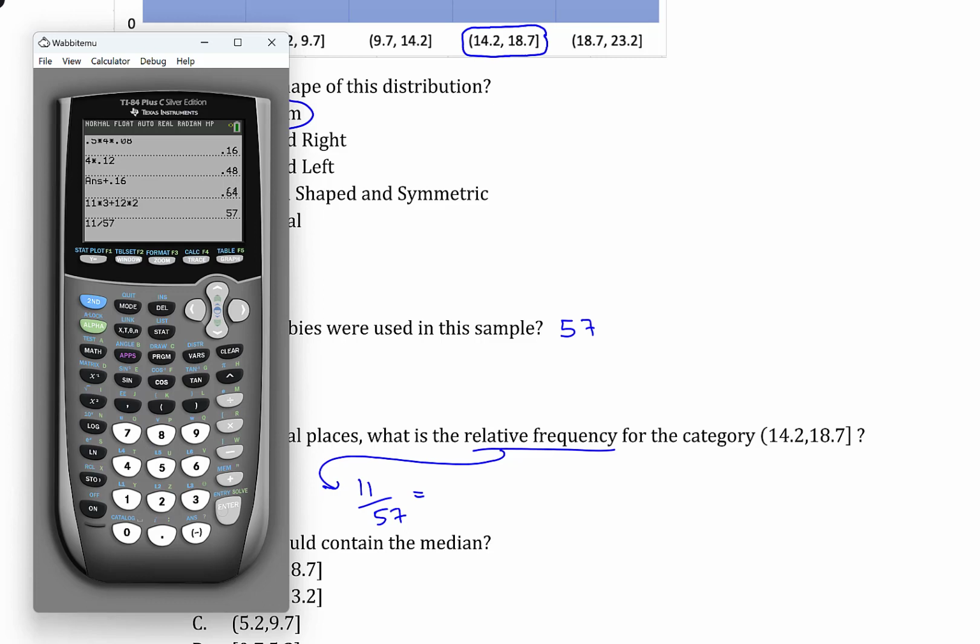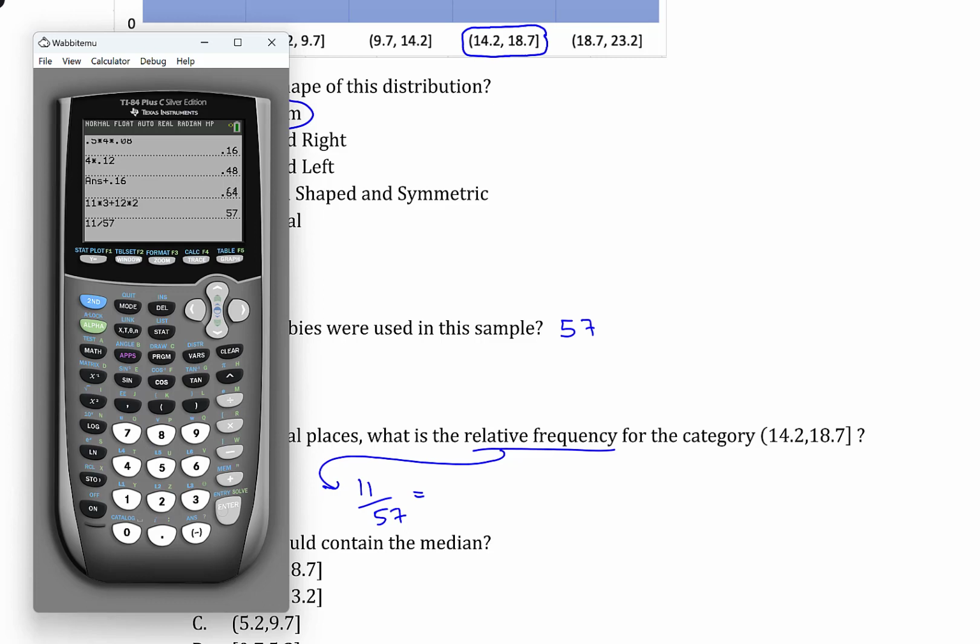Which bar would contain the median? Well, to find which one contains the median, here's the thing. If we actually listed out what these individual data values were and had a list of them sorted, we could find the median. But the median is the middle value. There are 57 items.